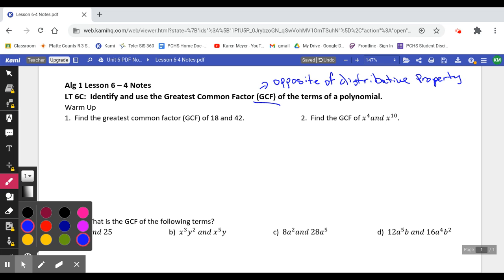But to get us started, we're just going to do a little bit of a warm-up here with just GCF of one terms only. So on the first one, it says, find the GCF of 18 and 42.